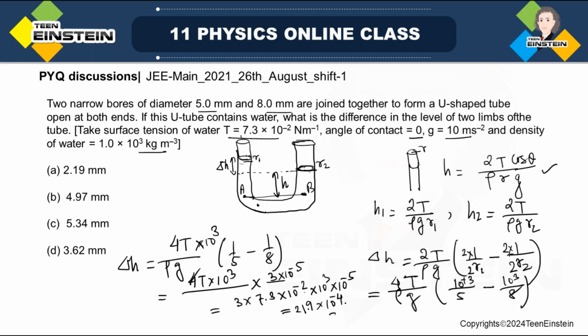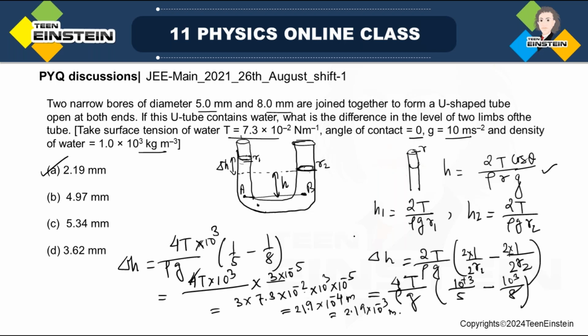So I can make this in meter. So I can make 2.19 into 10 to the power minus 3 meter, which is 2.19 millimeter. So the first option will be the correct answer for this question.